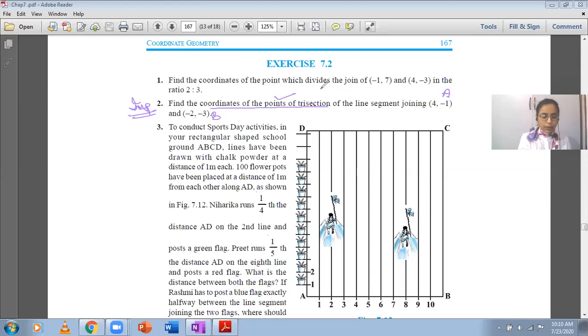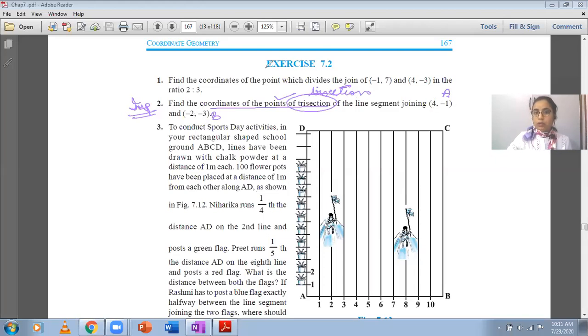Now, if you had to find out just the midpoint, that would mean that the line segment has been divided into two equal parts. Now suppose the question here was, instead of trisection, simply bisection, that is, find the coordinates of the point which bisects the line segment AB.